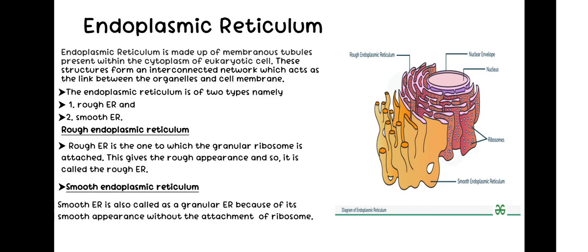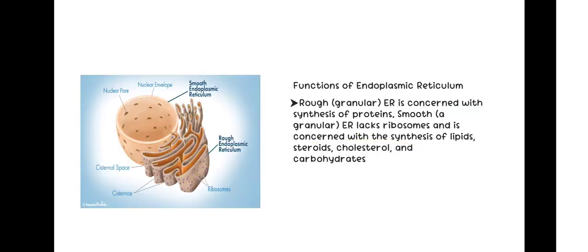Smooth endoplasmic reticulum is also called agranular endoplasmic reticulum because of its smooth appearance without the attachment of ribosomes. As it is without ribosomes, it is smooth in appearance, so it is called smooth endoplasmic reticulum.